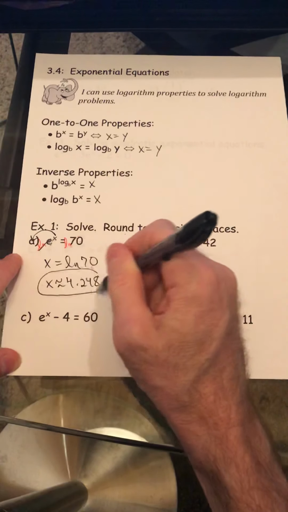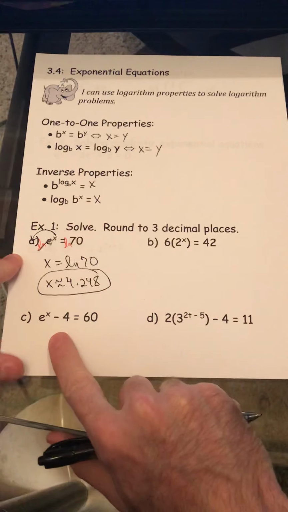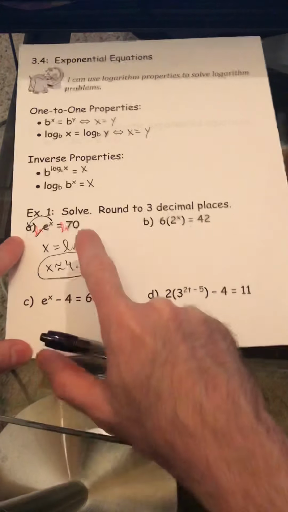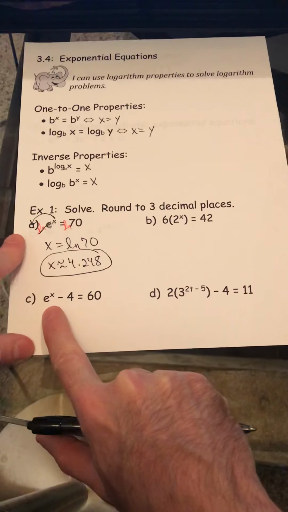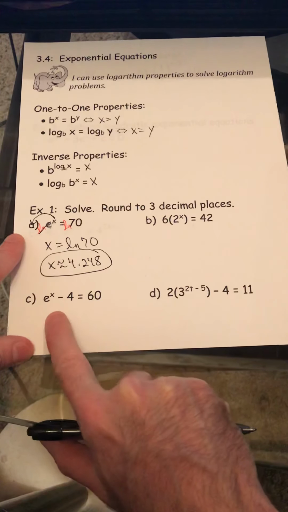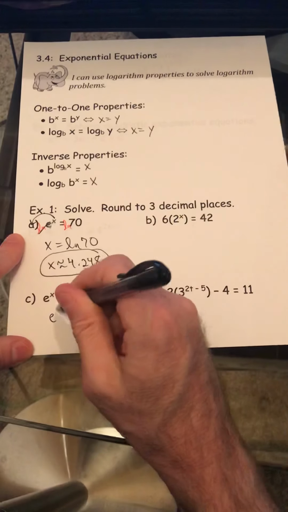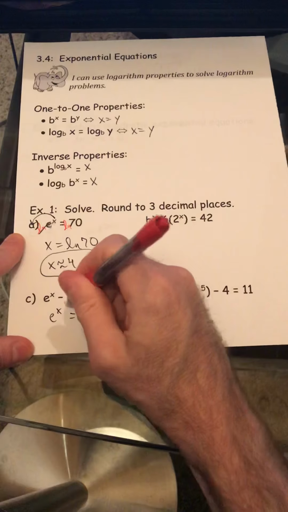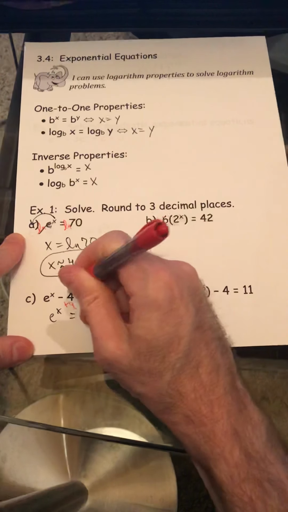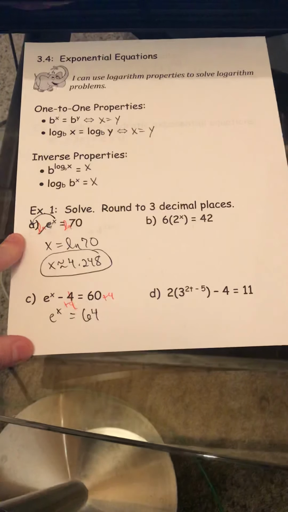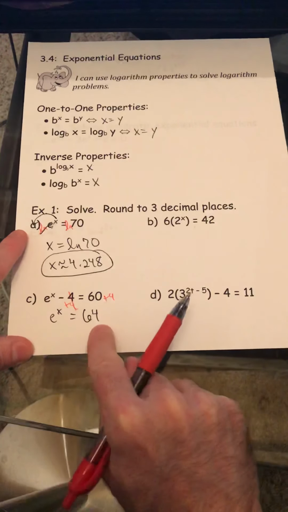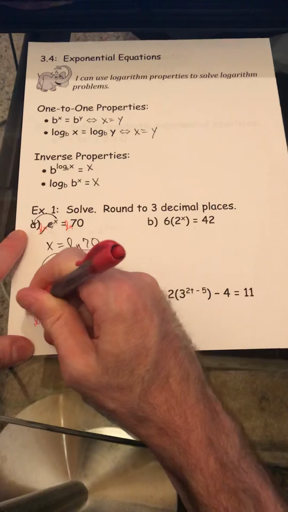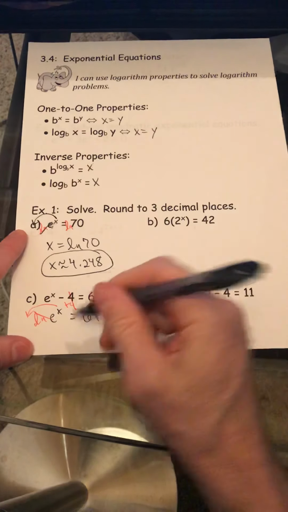Fairly simple one there. I'm going to work down the column here, simply because these two problems work well together. If you have e to the x minus 4 equals 60, first we add the 4 over. And I can even show that, just like the one we did up here: e to the x equals 64, and those cancel, allowing me to move the x out to the front.